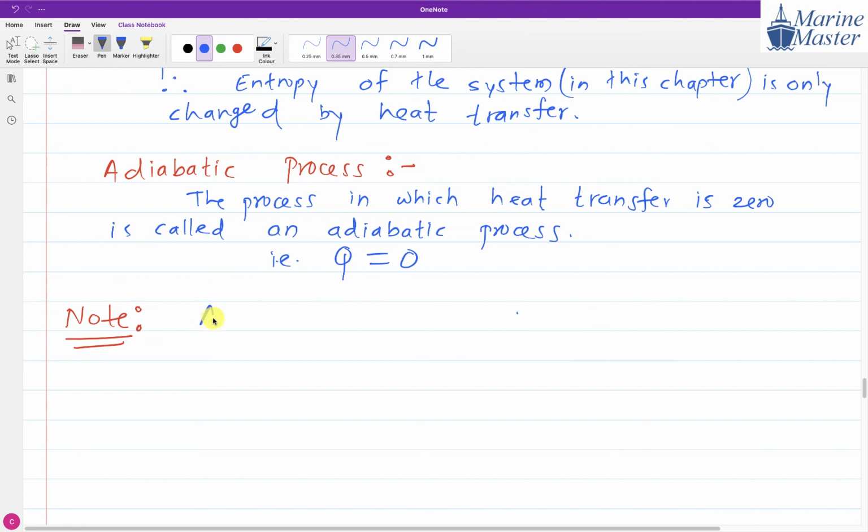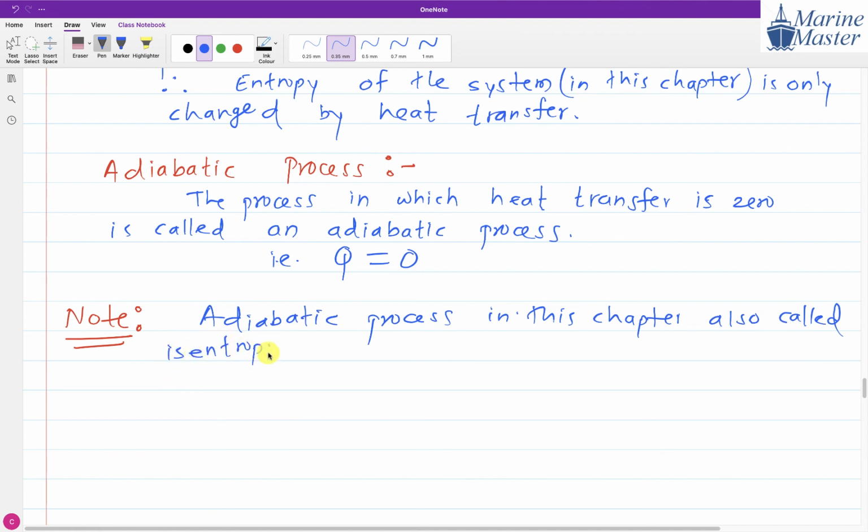Adiabatic process in this chapter is also called isentropic process. Why do we call it an isentropic process? Because the entropy remains constant throughout.